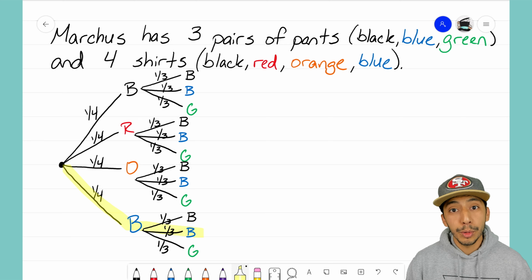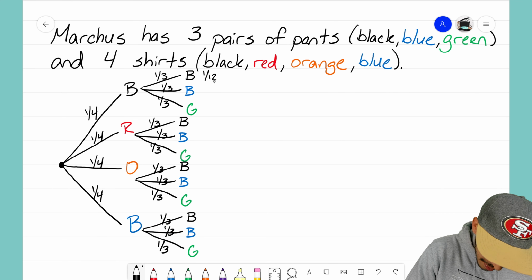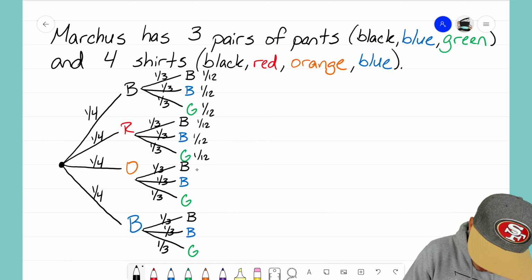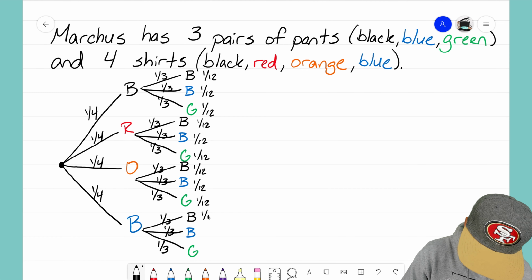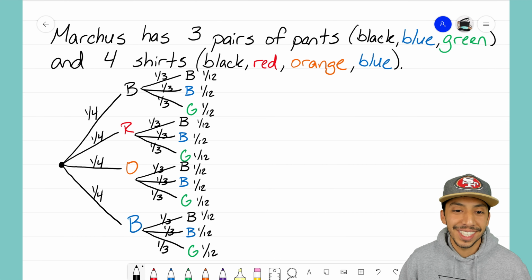This is a very simple problem. And so every single possible combination here is going to be 1 out of 12. So I'm going to go ahead and label that into my tree diagram to show that every possible outcome here has a 1 in 12 chance of occurring.